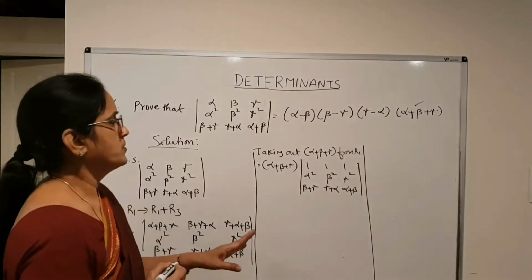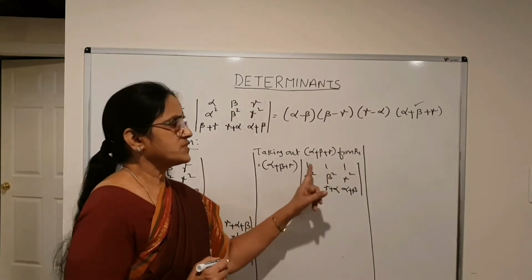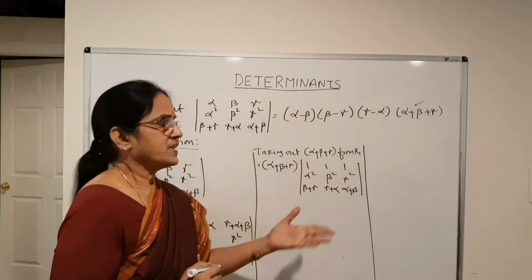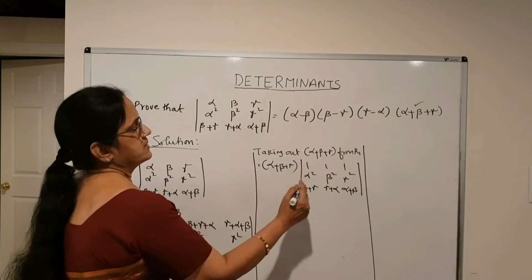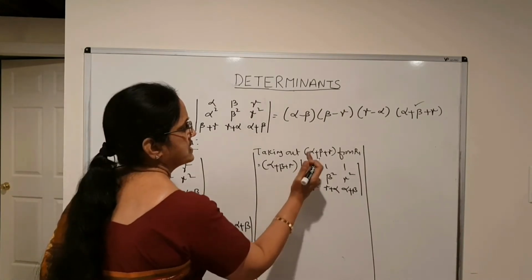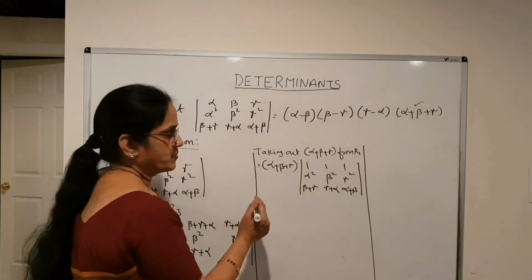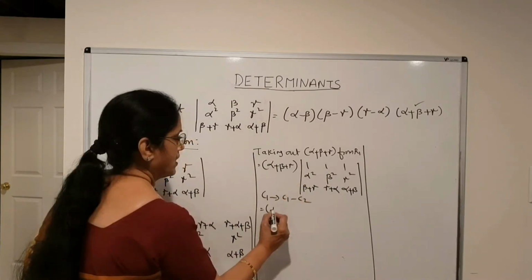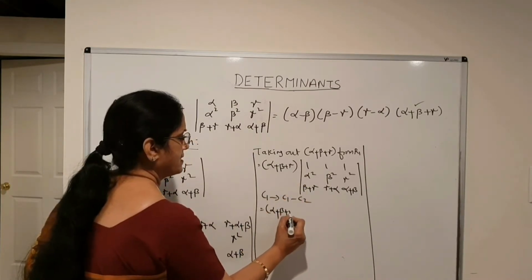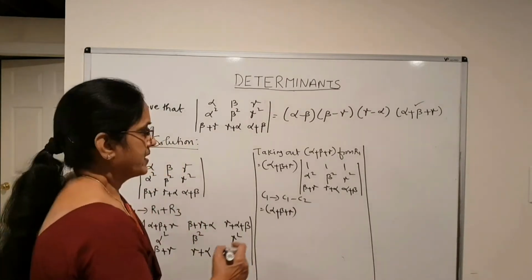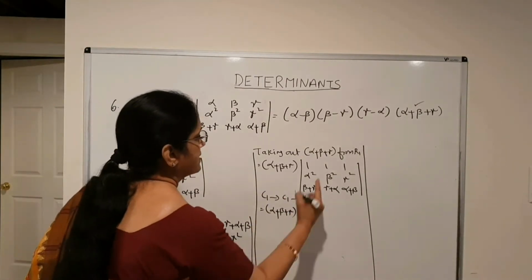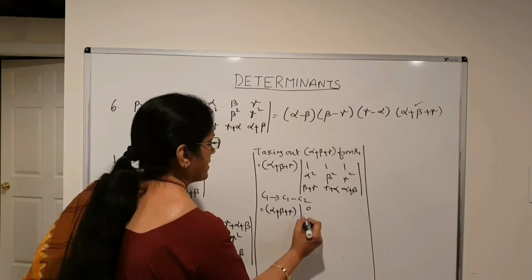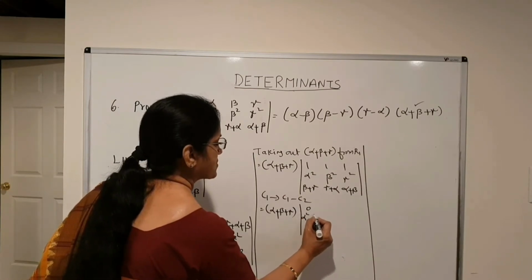Next, I have to make two terms 0. That is my aim. So, I can write C1 as C1 minus C2. Alpha plus beta plus gamma into, what will happen here? When I do that, 0, alpha square minus beta square.